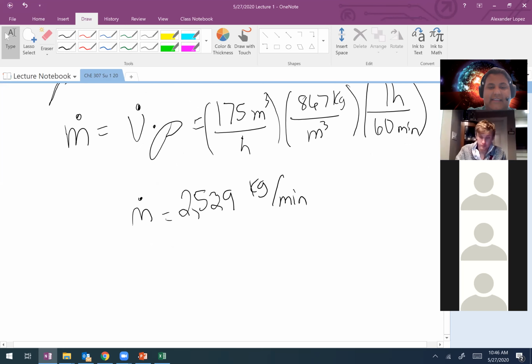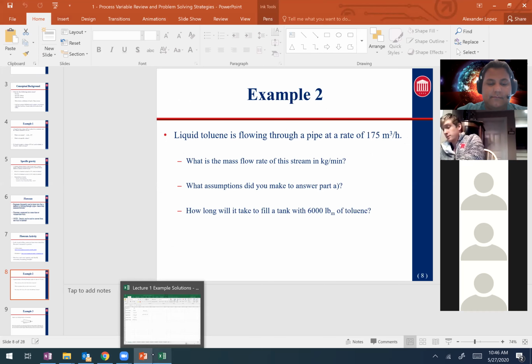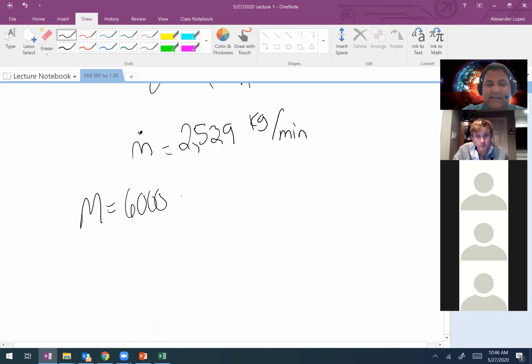Well, all right, let's look at the last part of the problem. It asks, how long will it take to fill a tank with 6,000 pound mass of toluene? Well, we have our mass flow rate, and we have the total mass of the tank being 6,000 pound mass.